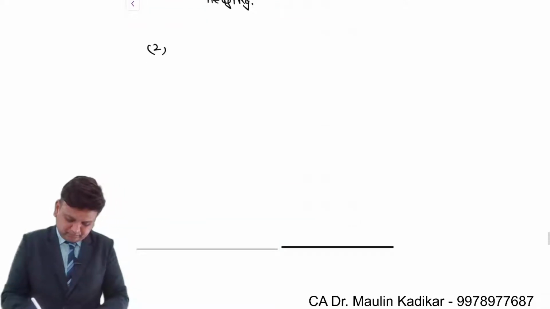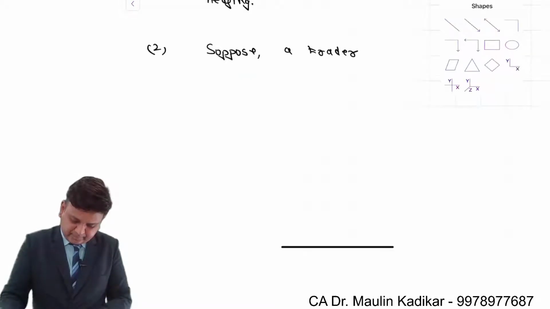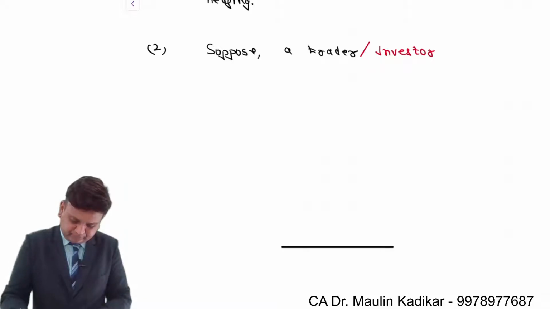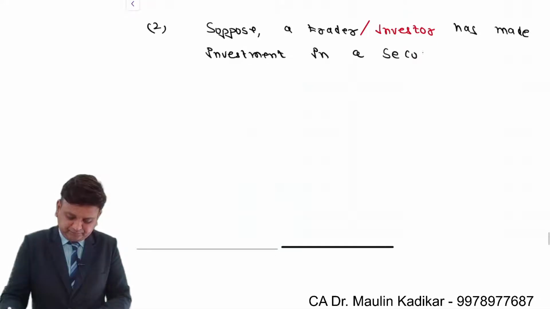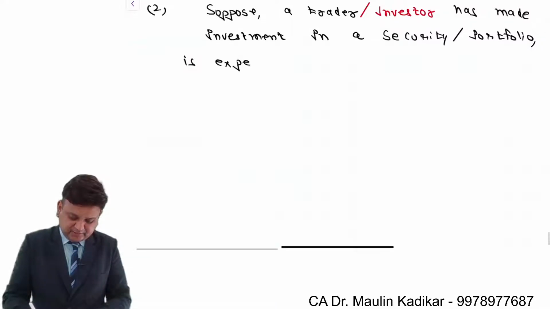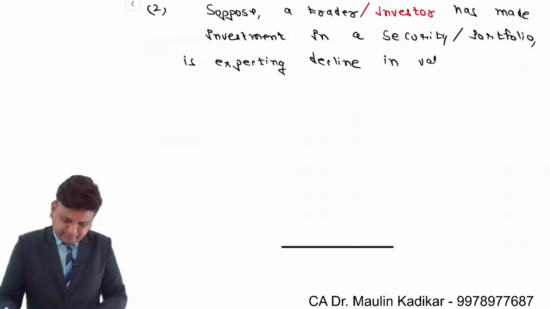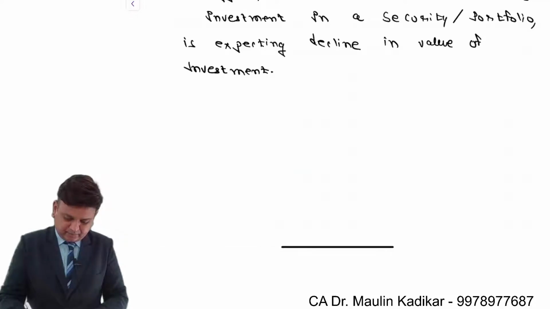Second point. Suppose a trader/investor has made investment in a security/portfolio, comma, is expecting a decline in value of investment, in brackets write down bearish, full stop.